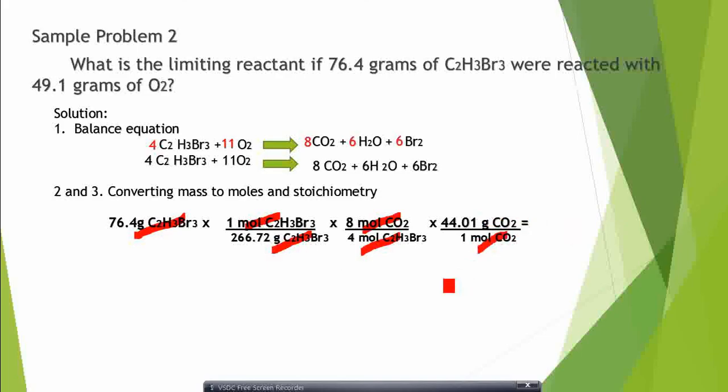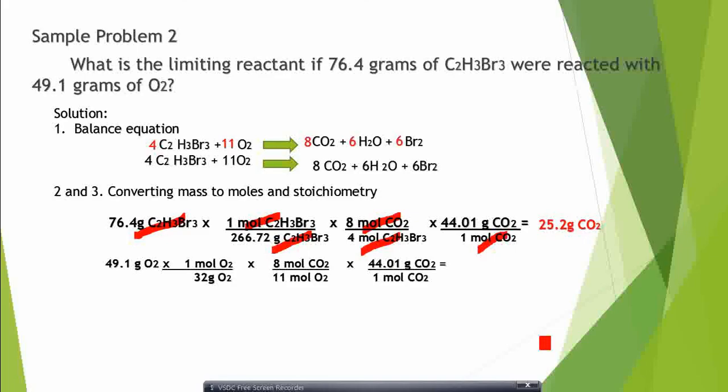Okay, so let's solve. 76.4 times 1 divided by 266.72 times 8 divided by 4 times 44.01 divided by 1 is equal to 25.2 grams carbon dioxide. Okay, next.